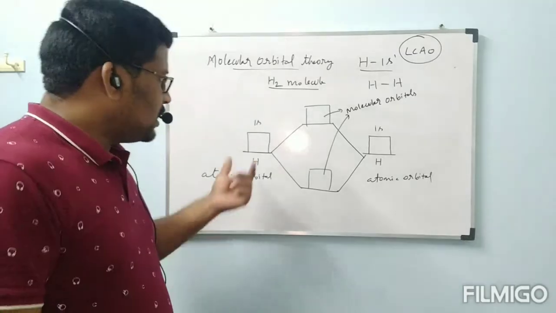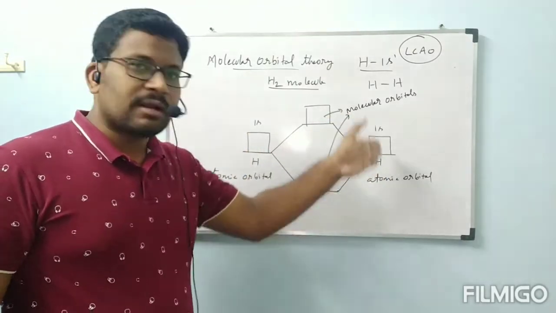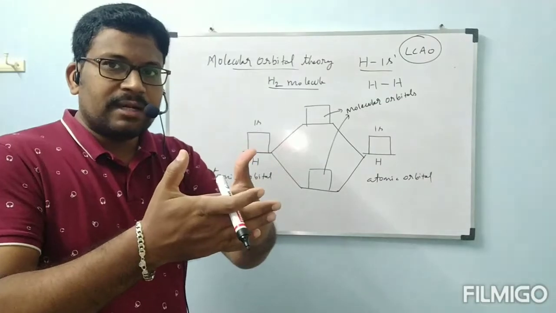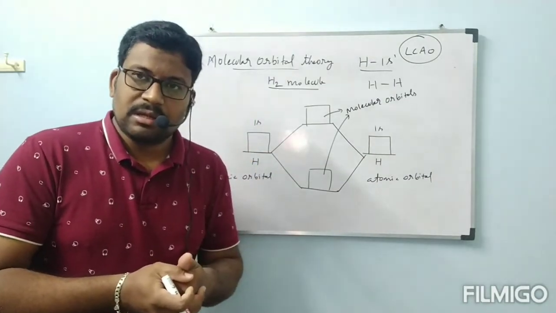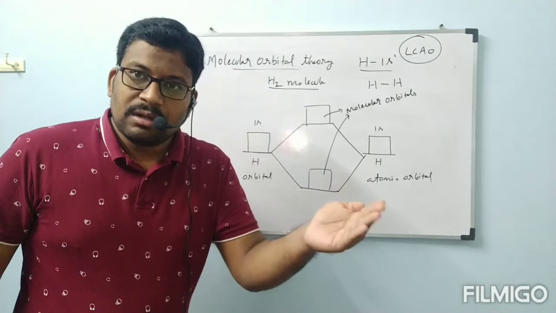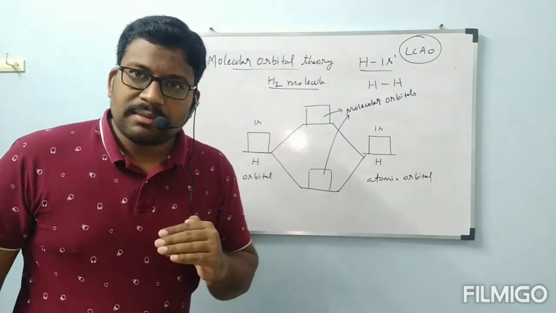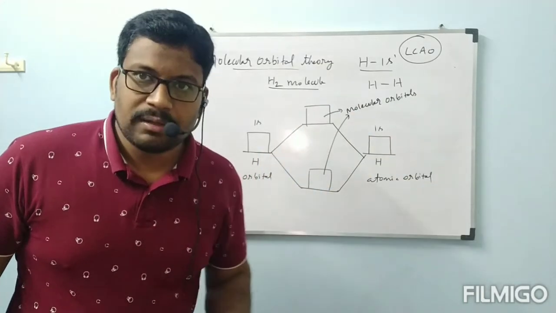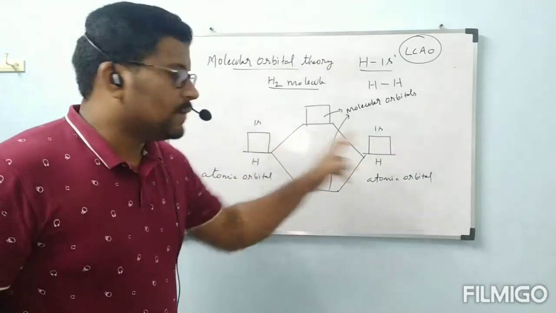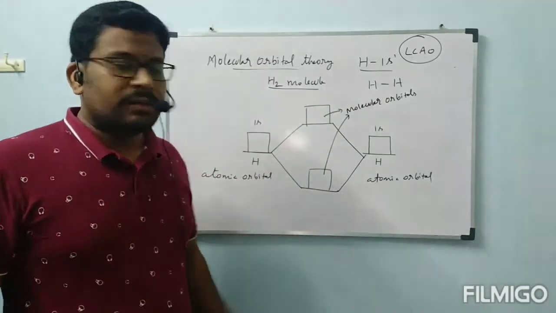Same way here, the hydrogen orbital and the other hydrogen orbital are combined. That process is called the LCAO method, linear combination of atomic orbitals, resulting in a new set of molecular orbitals. However many atomic orbitals combine, that many molecular orbitals are formed. Two orbitals combine, and two molecular orbitals are formed.